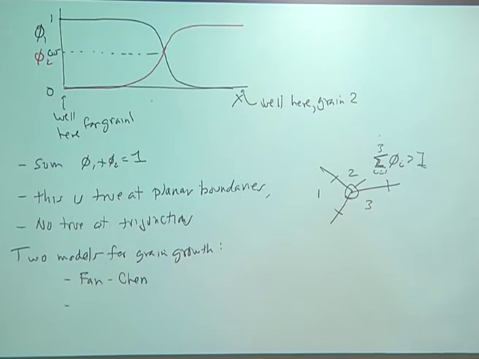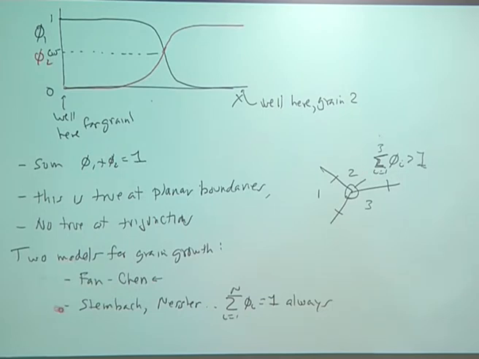There's another model that comes out of Germany, and it's Steinbach, Nestler, and a bunch of other people, where they constrain the sum to be 1 always. Whereas in the Fan and Chen model, it's not constrained to be 1 always, and in fact, it can be greater than 1 at trijunctions.